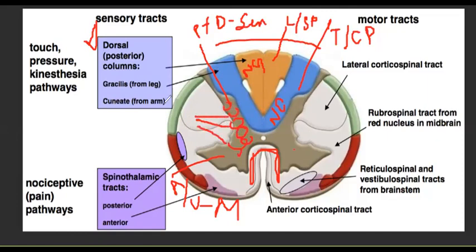So this is the structure of a neuron. This is your cell body, this is your axon, and these are your dendrites. Your white matter is made up of axons only, and your gray matter is made up of cell bodies only. The gray matter has all the cell bodies, and the axons of these cell bodies are present in your white matter.